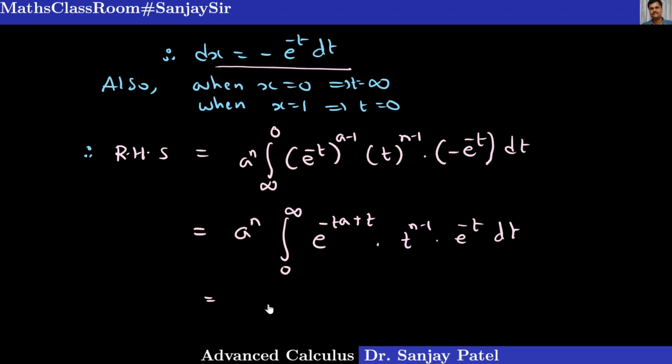Simplifying this further, a raised to n into integral 0 to infinity, if you add these two, what you will get is e raised to minus ta into t raised to n minus 1 into dt.